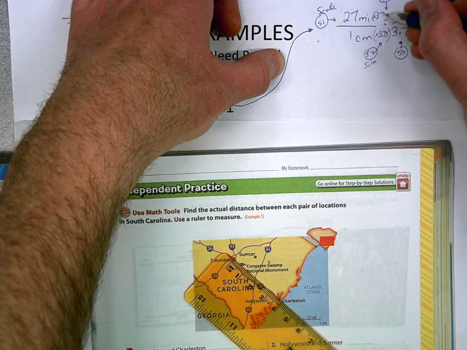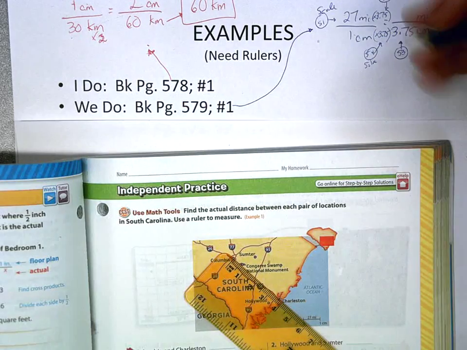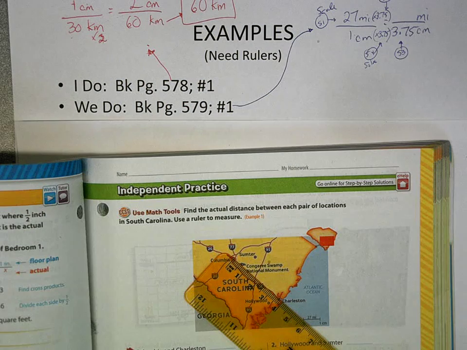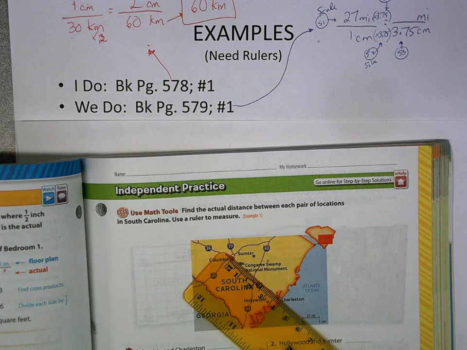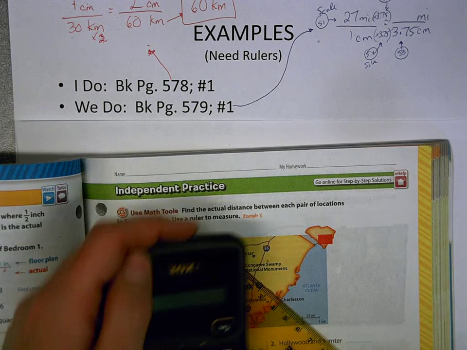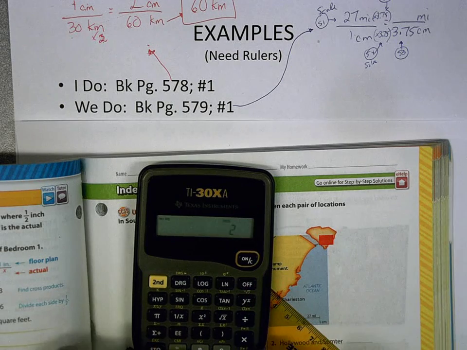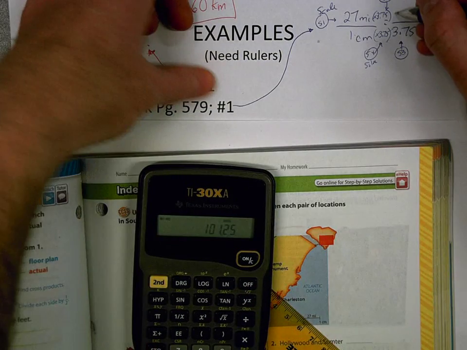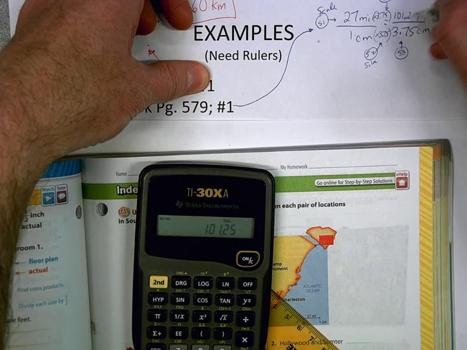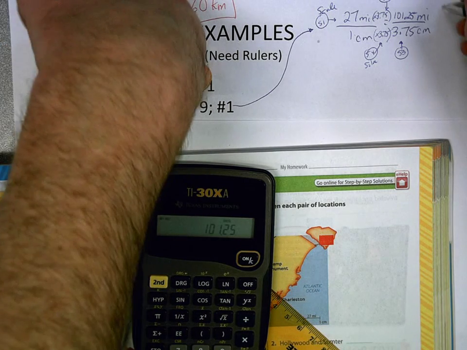You can do that out if you'd like, or you can go ahead and use a calculator. All right, so with that said, 27 times 3.75 equals, and here's what I get, 101.25.